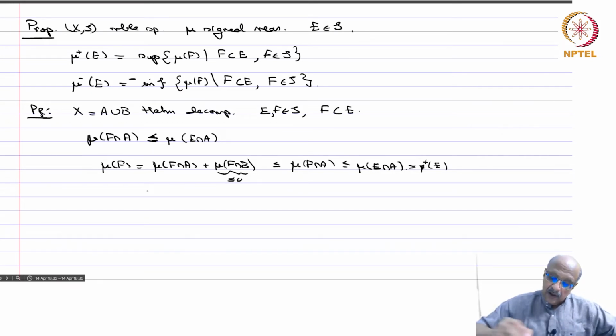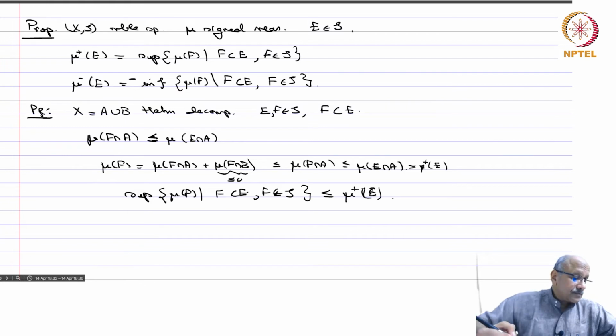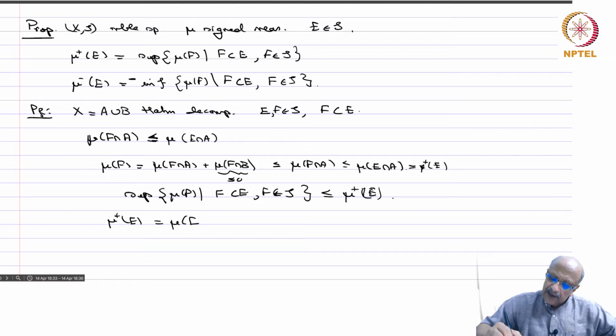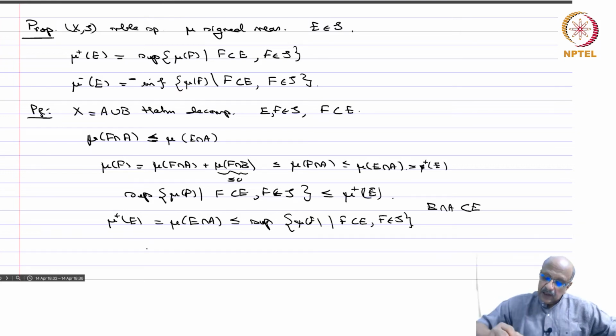and this is true for all such sets. Therefore the sup of mu of F, F contained in E, F in S, is of course less than or equal to mu plus of E. But mu plus of E is mu of E intersection A, and E intersection A is contained in E, and therefore this is less than or equal to the sup of mu of F, F contained in E and F in S, trivially, and therefore this implies star.